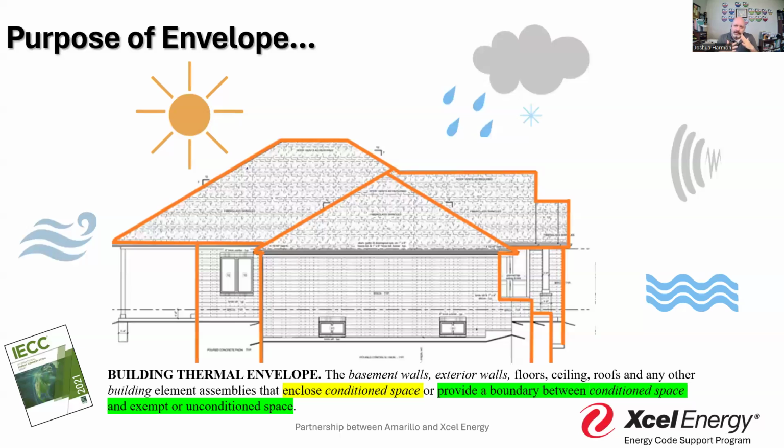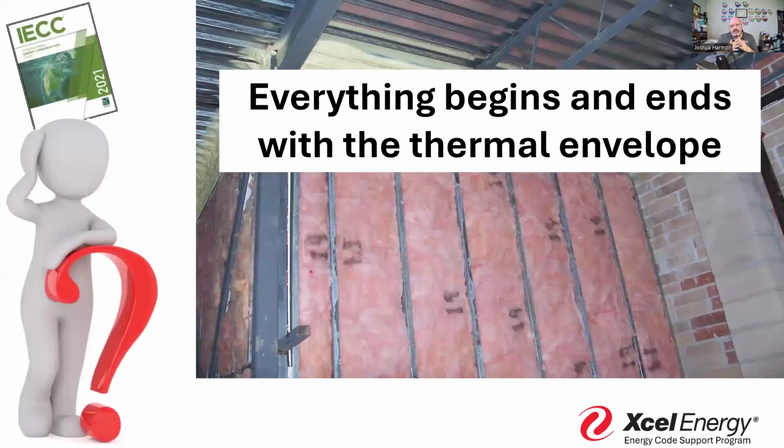And when we think about that thermal envelope, it's how do we isolate and control everything that's going on? And the first thing that usually comes to our mind is going to be that insulation, right? And like we said before, everything begins and ends with the thermal envelope. It's the first thing we think of, and it's the furthest out in the building because it is the boundary lines that we think about on how the building's going to operate.